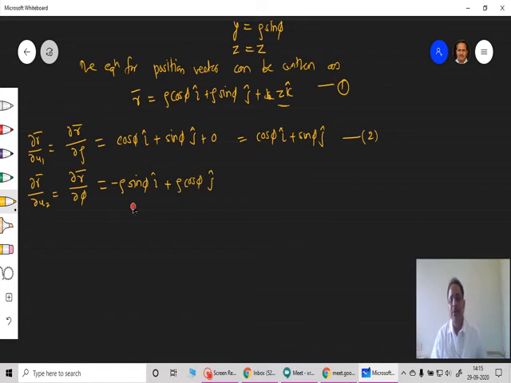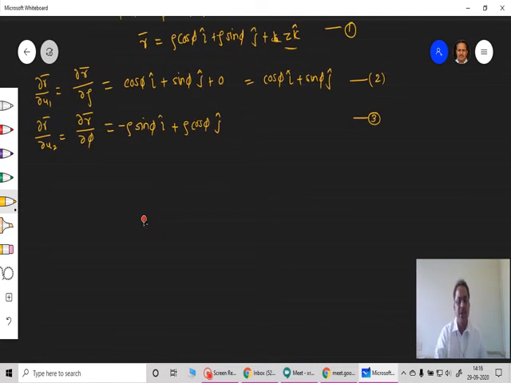This is my third equation. Similarly, third one is del r bar upon del u3, because I need all this to calculate g1, g2, g3 as well as h1, h2 and so on. So third is del r bar upon del z, and in this case the first terms are not functions of z, only this last term is a function of z.